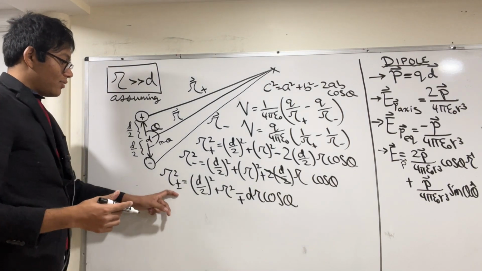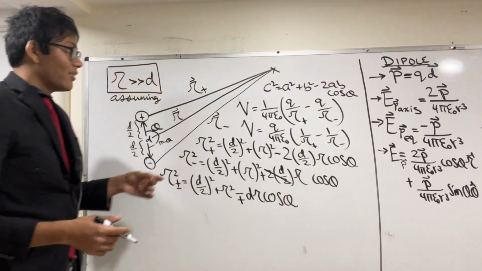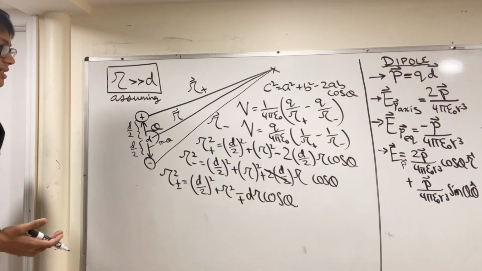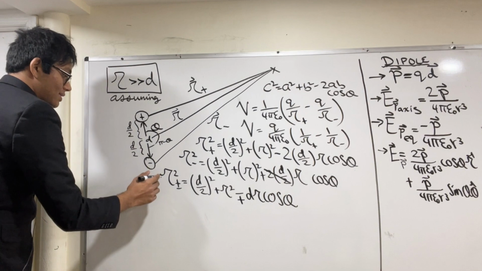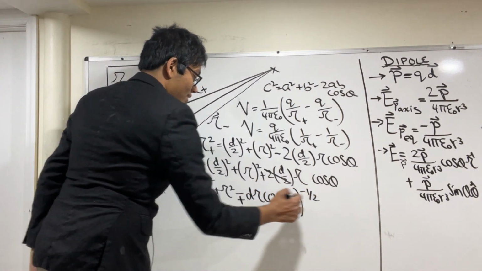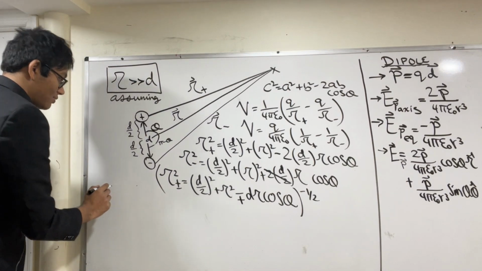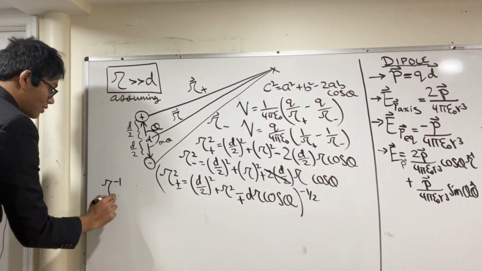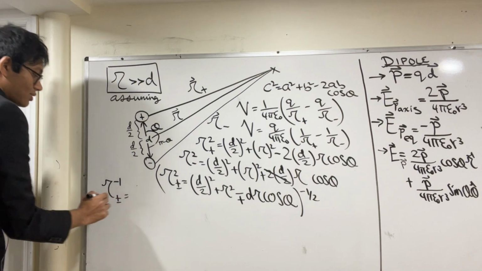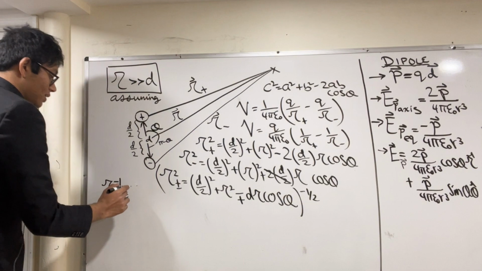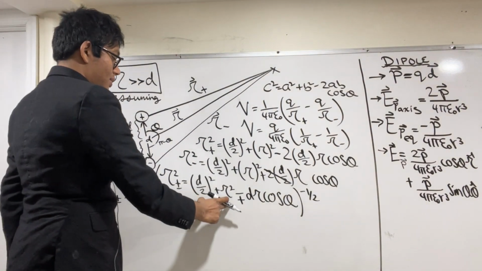And so now, at the end of the day, I want to figure out 1 over r, either for the positive or negative distance. So let's raise both of these to the power of negative 1/2 so that I can get a negative 1 right here. In other words, 1 over r. So I'm going to get r to the negative 1, plus minus, is equal to, what do I have here? I have the following: d over 2 whole squared, blah, blah.